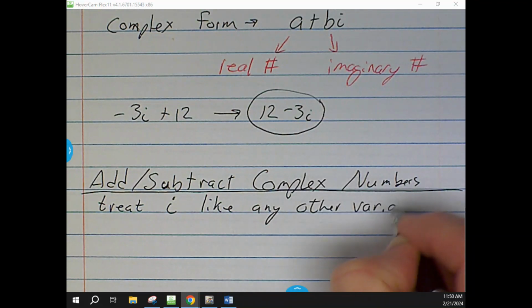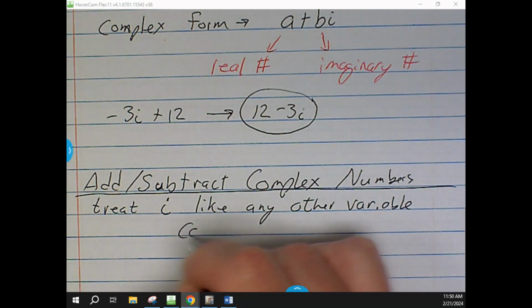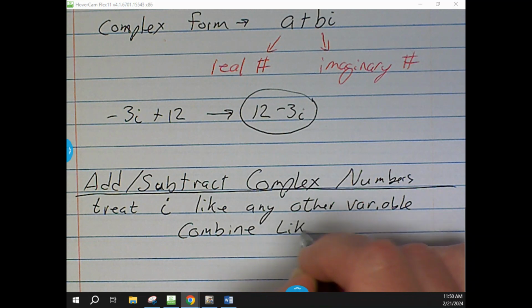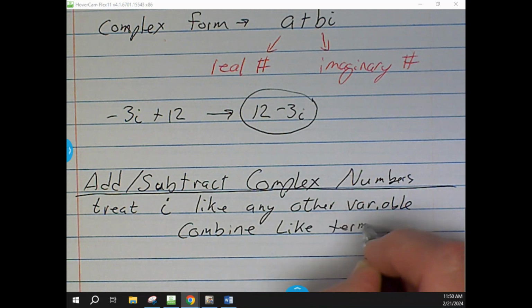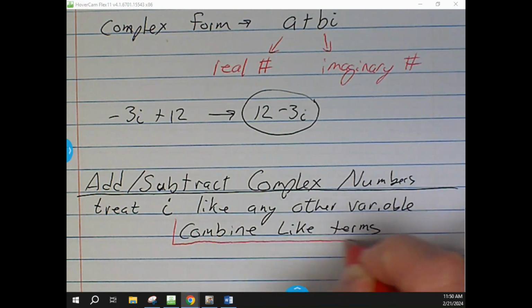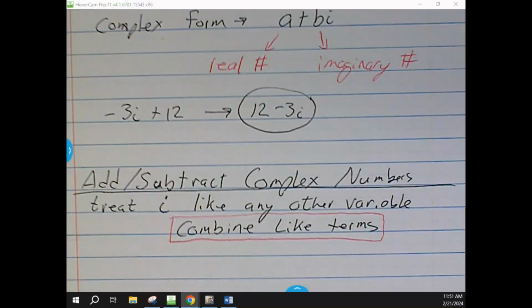So as far as adding and subtracting goes, you can pretend that the I variable is like an X variable. Okay, so really what that means is that whether you're adding or subtracting, you just need to combine like terms.